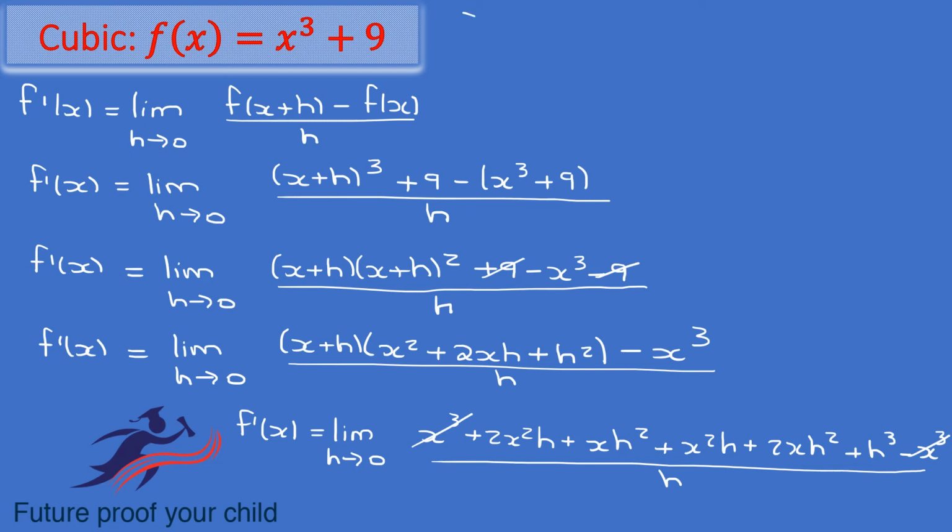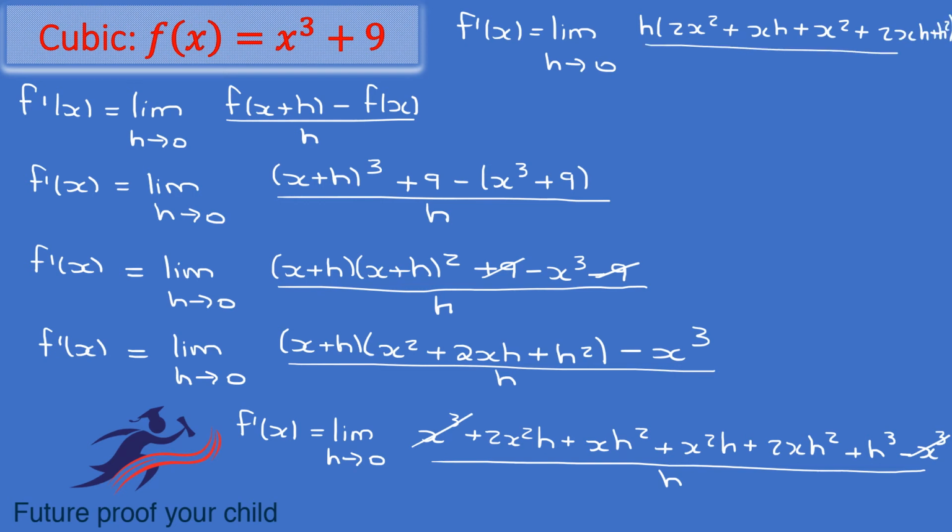So we have the derivative equals the limit as h approaches 0. I can take out h as a common factor, so I've got 2x squared plus xh plus x squared plus 2xh plus h squared, everything over h.